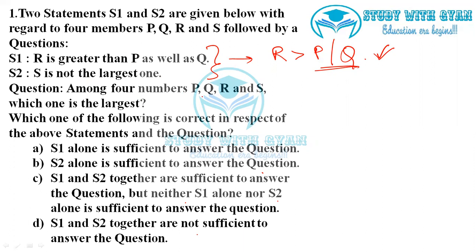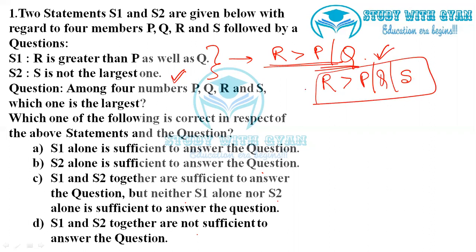So among four numbers P, Q, R and S, which one is the largest? From the second statement, clearly S is not the largest one. And from statement 1, R is greater than P and Q. So simply we can say that R will be greater than P, Q and S, all three members. Why?